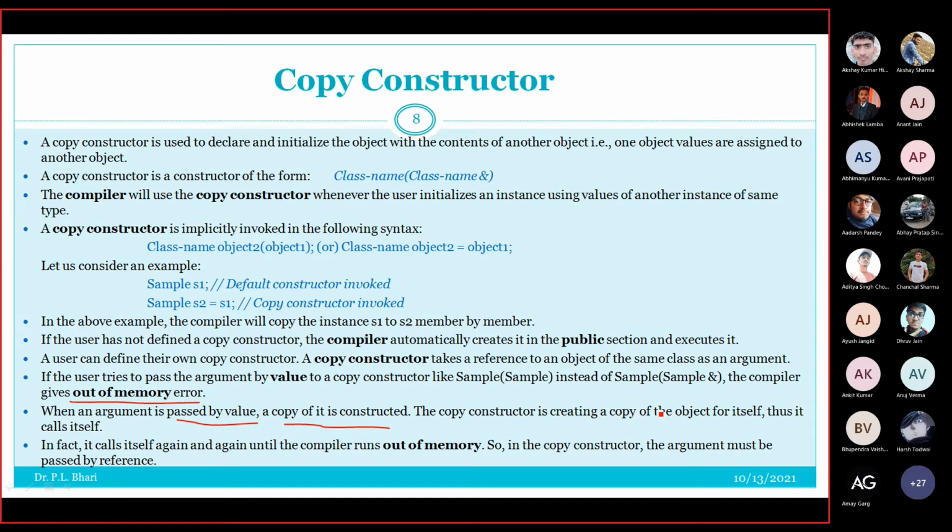Then what is the next, values copy हो गई but not stored now with the second object. अभी तक केवल आपकी values copy हुई है. Copy constructor is creating a copy of the object for itself. ये काम कौन करेगा, आपका copy constructor करेगा. वो अपने लिए उन values को copy करेगा.